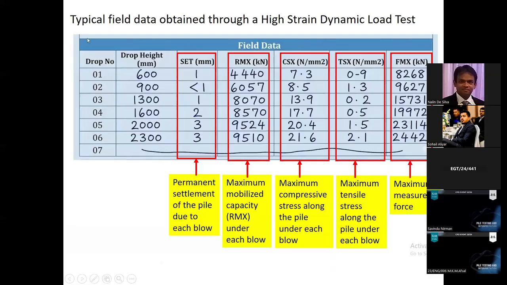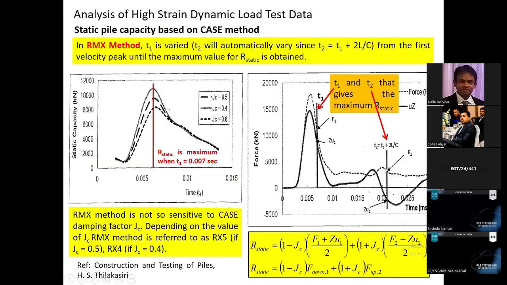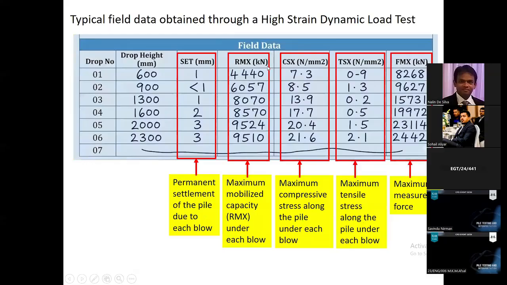This is typical field test data. You can see drop number 1, drop height 600 millimeters. This is used to check the instrument quality. After applying this drop, you can calculate the RMX value using the previous equation, which gives the maximum mobilized capacity, right? Set means that after the drop is applied, the pile will settle permanently.